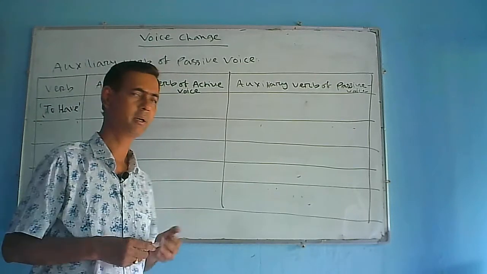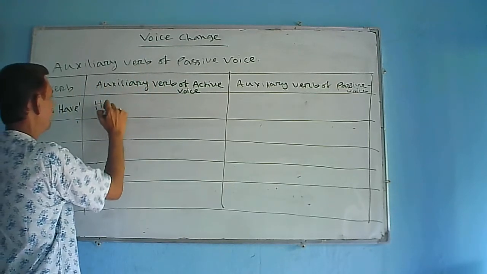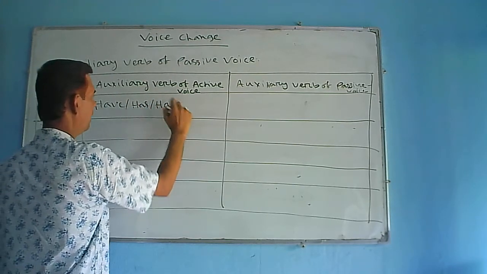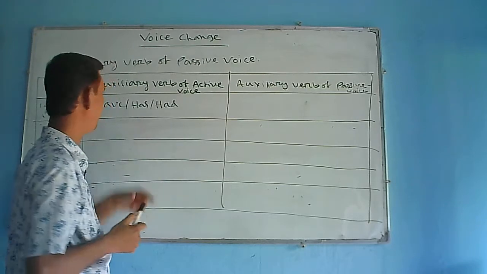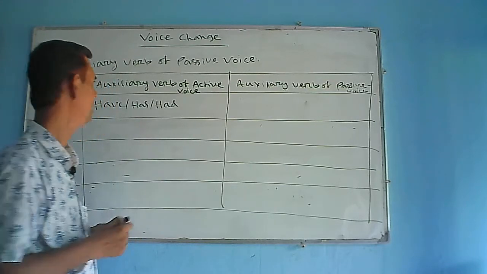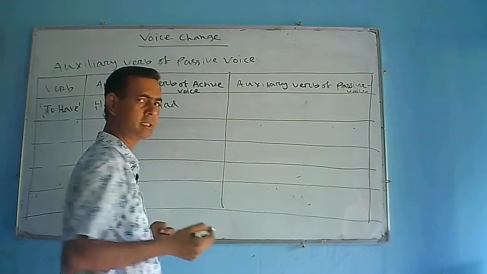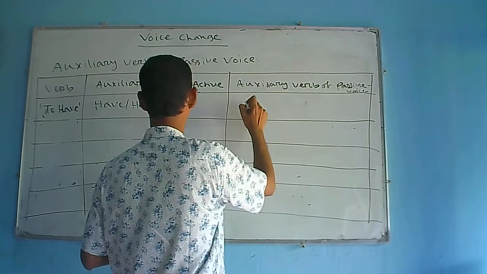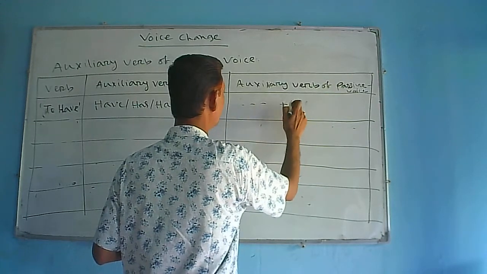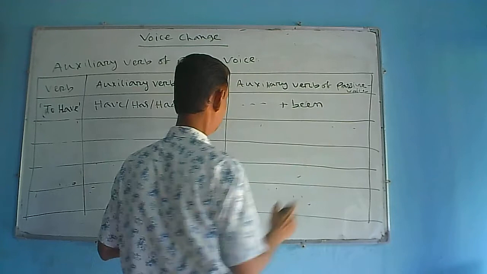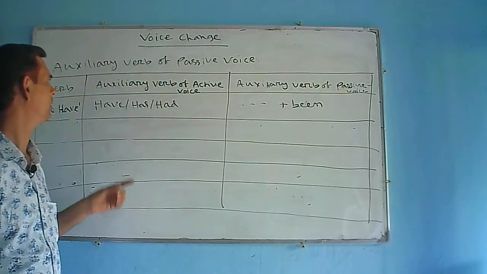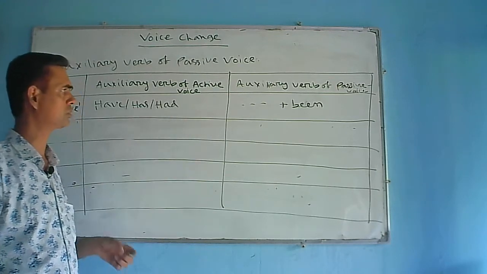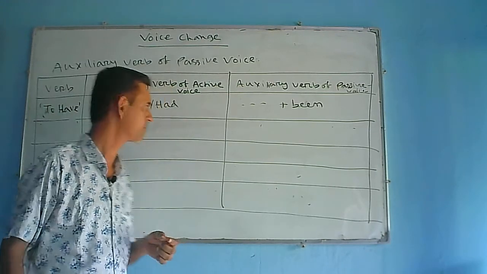If they remain have, has, had in an active voice, been will be used after this have verb in the passive voice as auxiliary verb. So if they remain have, has, had, have been or has been or had been will be used as auxiliary verb of passive voice.